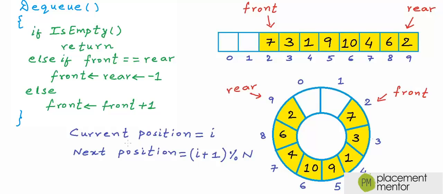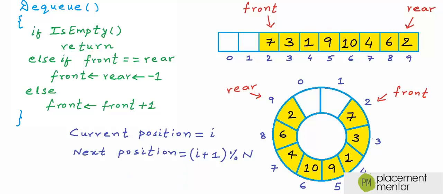The modulo operation gets us the remainder upon dividing by n. For any i other than n minus 1, this modulo operation will not have any effect, but for i equal to n minus 1, the next position will be n modulo n, which will be equal to 0. When you divide a number by itself, the remainder is 0.